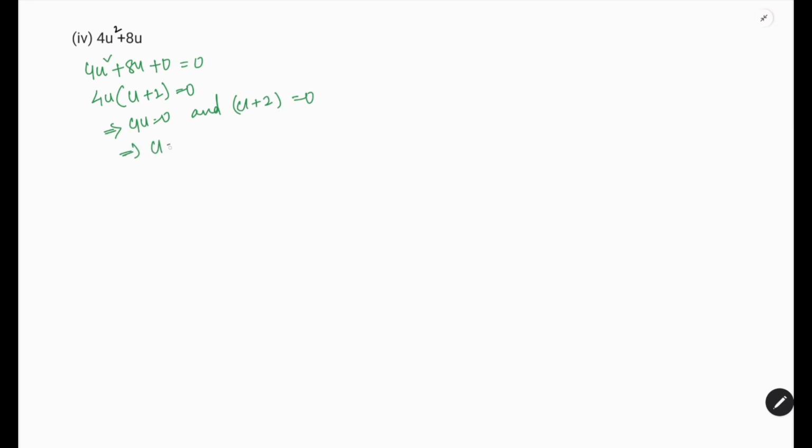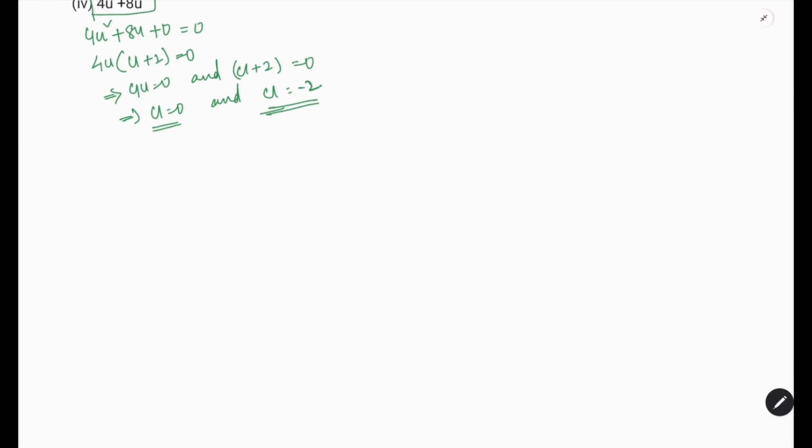That means u equal to 0 and u equal to minus 2. When these two values are substituted in this polynomial, the value of the polynomial will be 0. That means these two are the zeros of the polynomial.